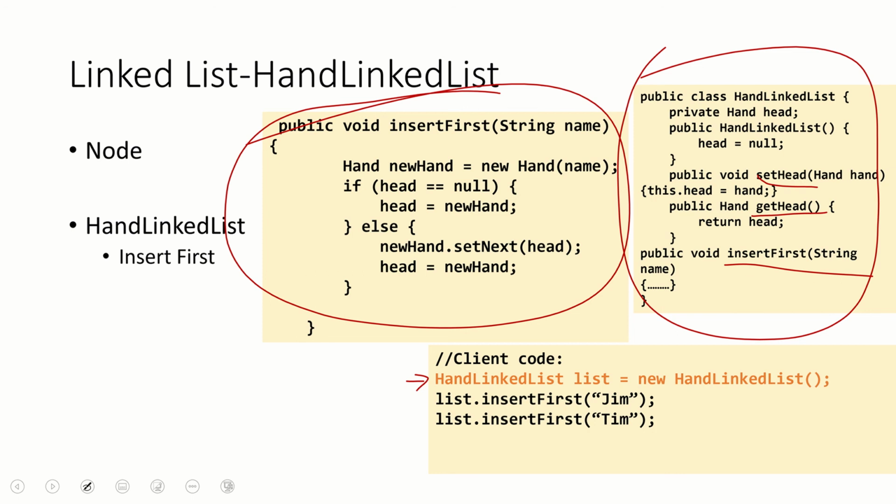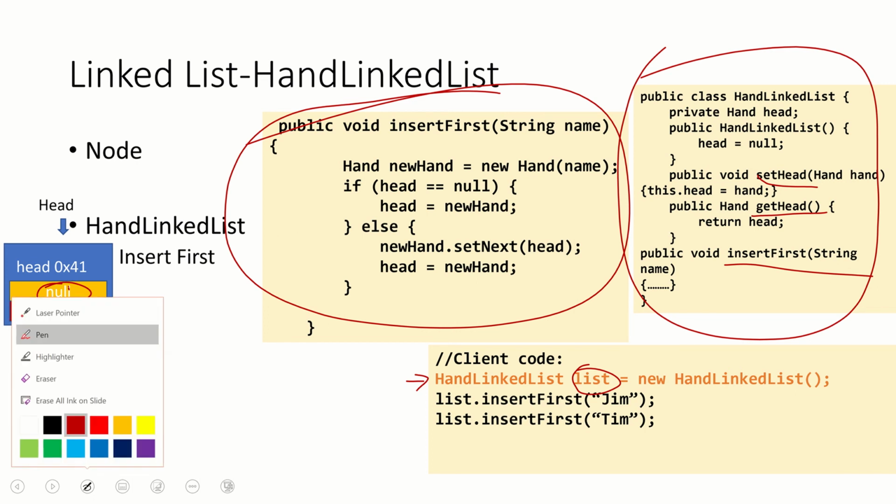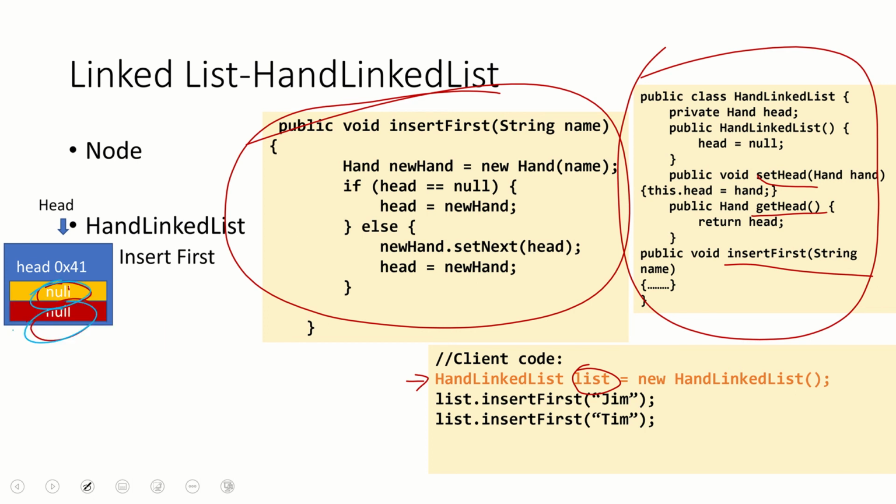Okay, we create the linked list, which we call list. Once we create the list, by default the linked list head is none, right? So everything is none. Okay, let's change the color. And this is the head, right?